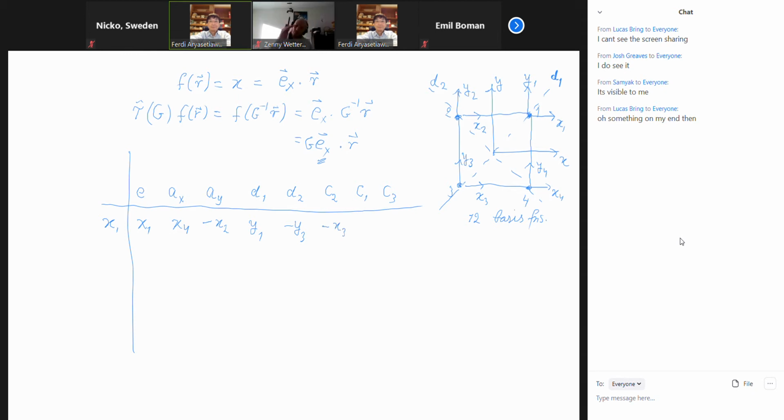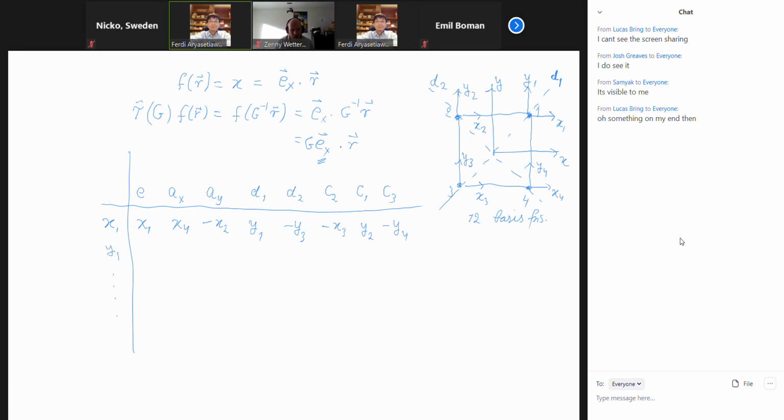And C1 then gives me y2, because that's a rotation by pi by 2. So I will bring atom 1 to atom 2. And C3 will give me minus y4. Yes. And so on. You can do this.